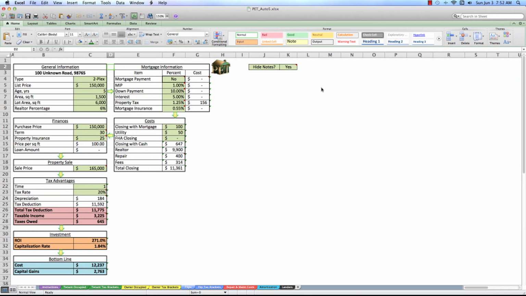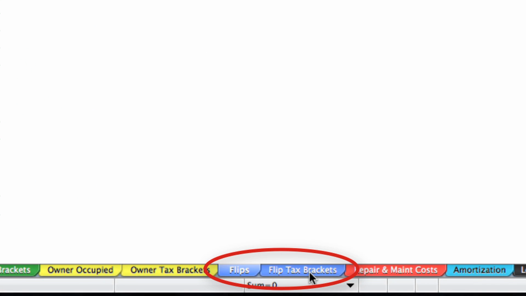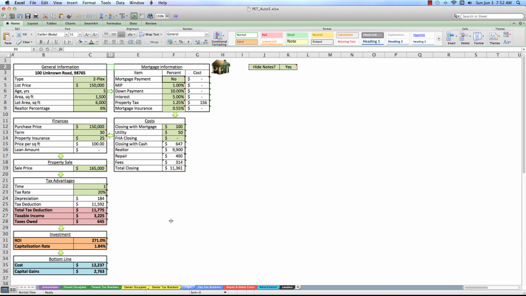Okay, welcome back. So what you're looking at right now is the full Pet version on the Flips tab down here in blue. We'll also look very briefly at the flip tax bracket. You're going to notice here that the interface is slightly different than what you've seen in prior videos on the owner occupied and the tenant occupied.